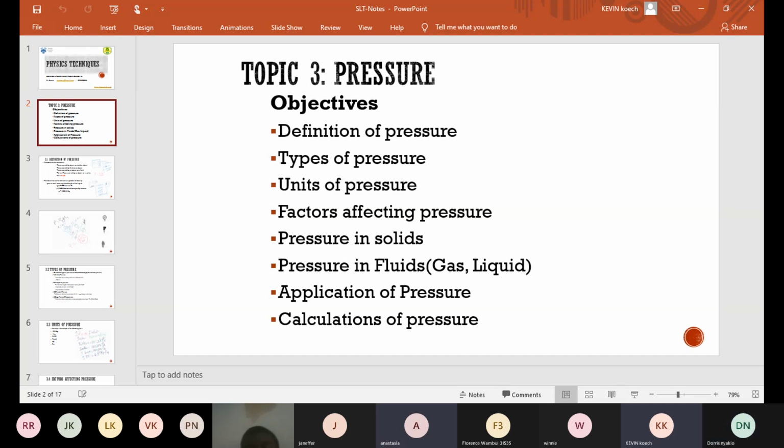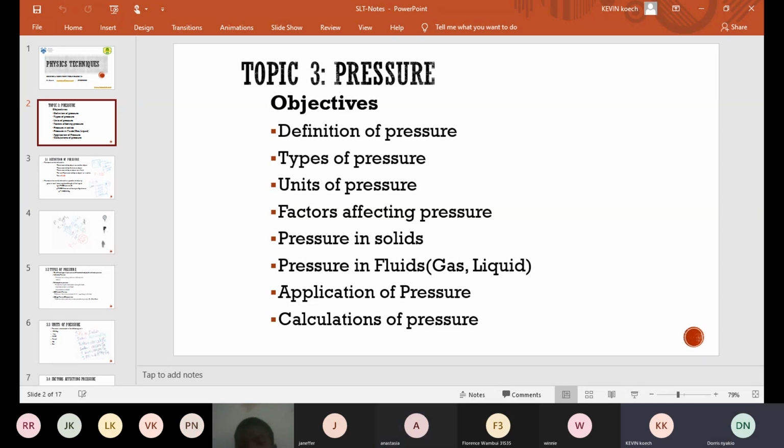But the topic is pressure objectives. We have objective number 1, definition of pressure. We will define what is pressure. We have also types of pressure. We'll have a list of them. Units of pressure. We have factors affecting pressure. We have another one known as pressure in solids.